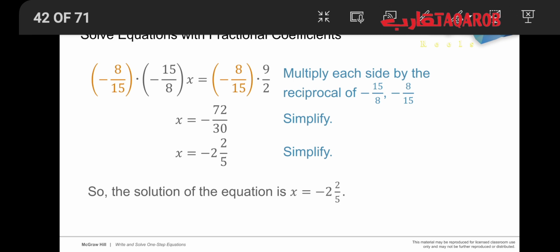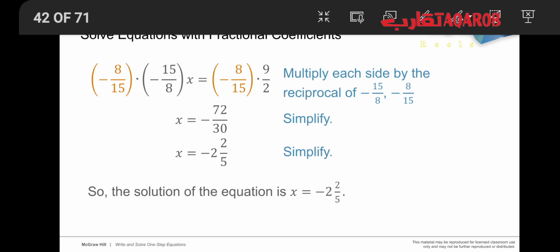Then I will divide by 15 over 8, or multiply by the reciprocal. Because we took it in the first semester, we said if you divide by any fraction, you have to convert the division into multiplication and then take the reciprocal of the divisor. Instead of 15 over 8, the reciprocal of it is 8 over 15.